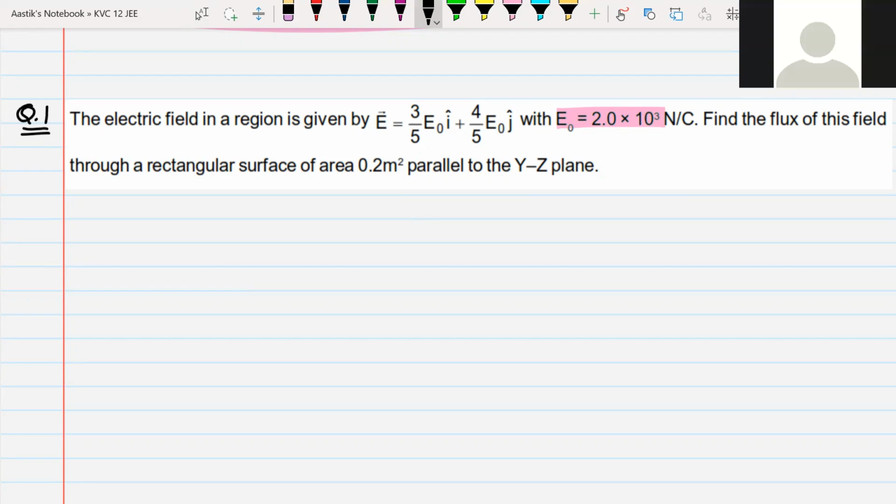Newton meter square by Coulomb, sir. Now, I have the answer as well.